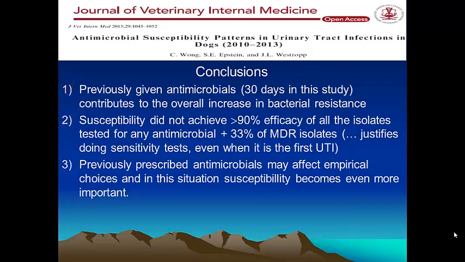Although, as I just mentioned, with such a large percentage of bacteria that are nowadays resistant to everything, it probably pays off to be on the safe side and start by doing sensitivity tests from the very beginning. So I hope all this information was worth listening to.